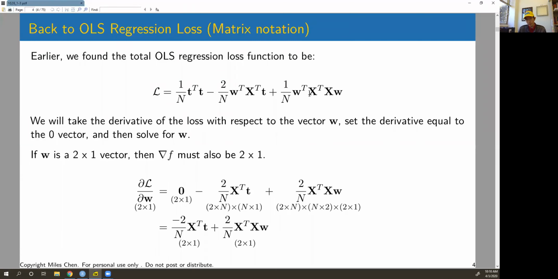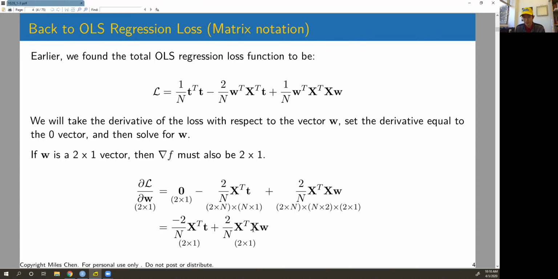So for 1 over n w transpose x w, the gradient with respect to w is 2 over n x transpose x w. The w goes away, but we get a 2. We can check the dimension multiplication, and we will find that it is also a 2×1 vector.